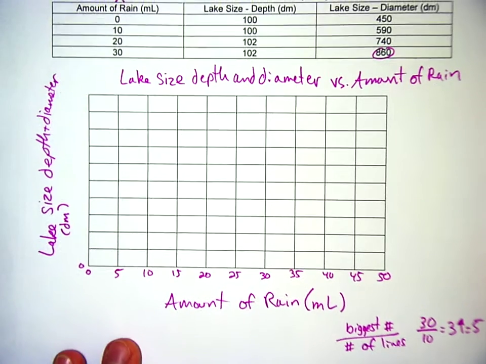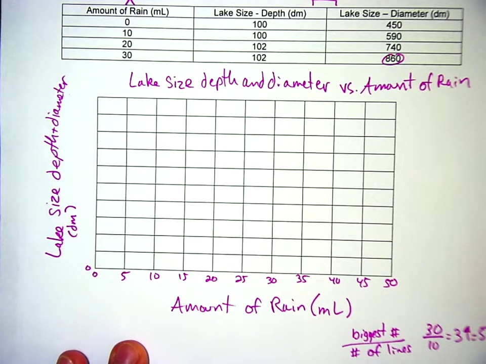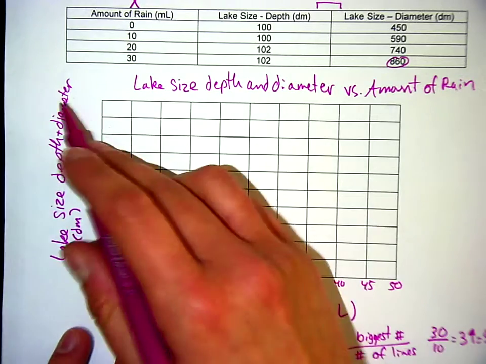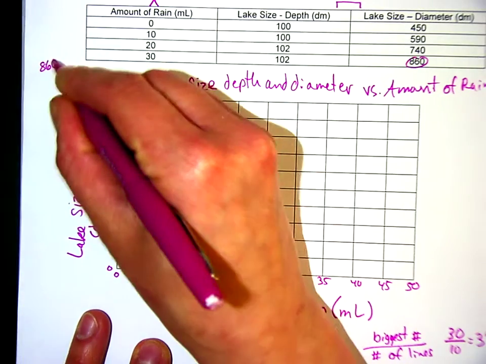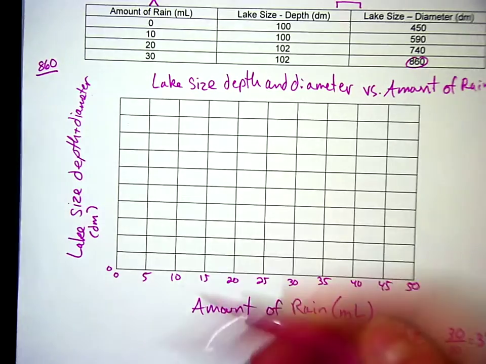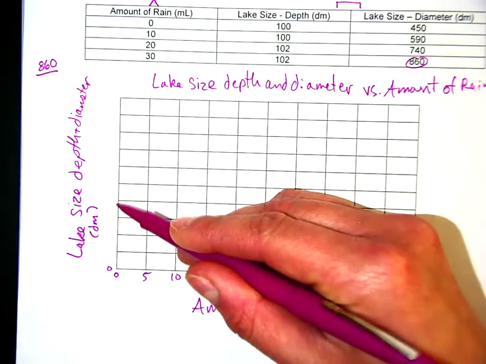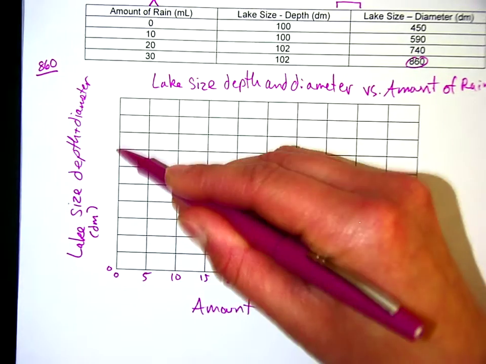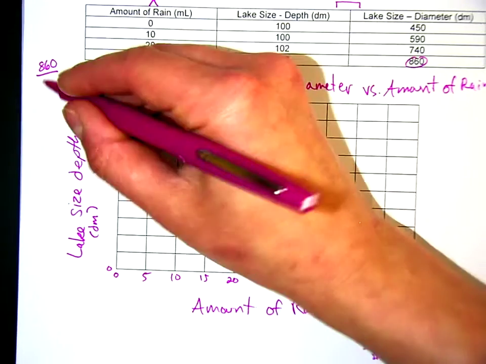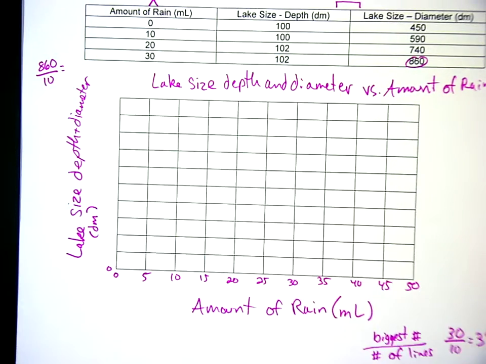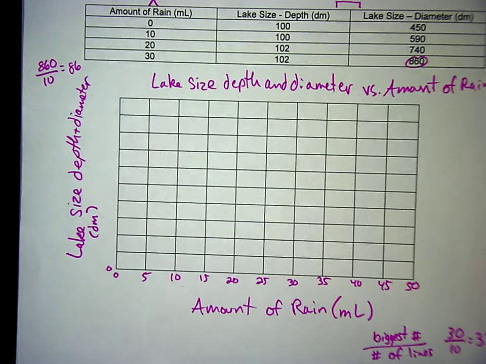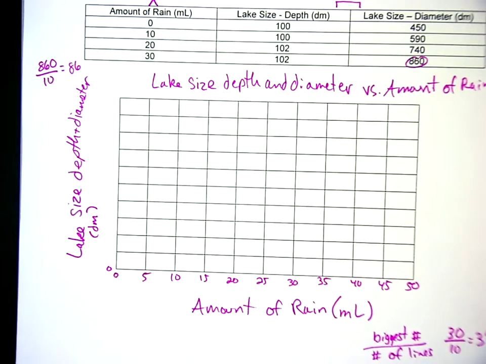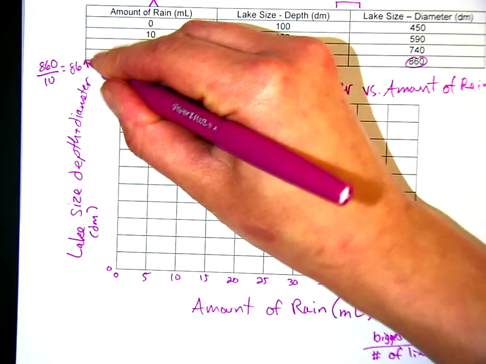Same thing for the y-axis: the largest number divided by the number of lines. I'm going to do my little math over here. We have 860 divided by, let's see how many lines we have: 1, 2, 3, 4, 5, 6, 7, 8, 9, 10. So 860 divided by 10 would be 86. You definitely don't want to count by 86s. That would be very hard. We want to round that up. You always round up, never down.